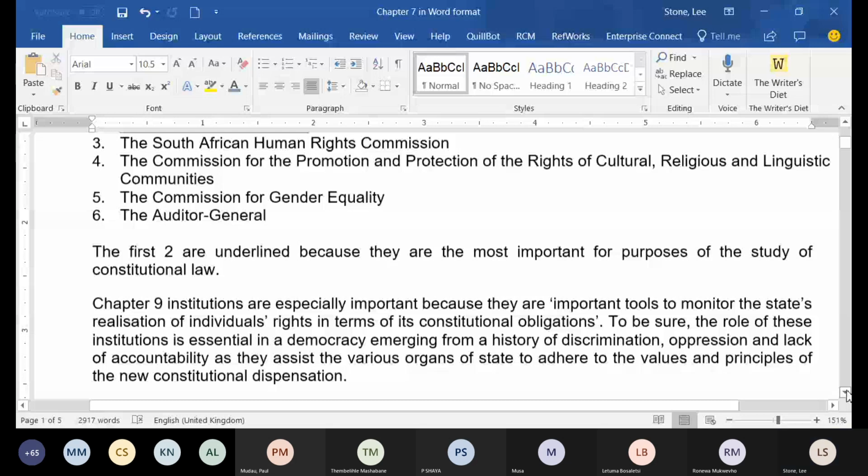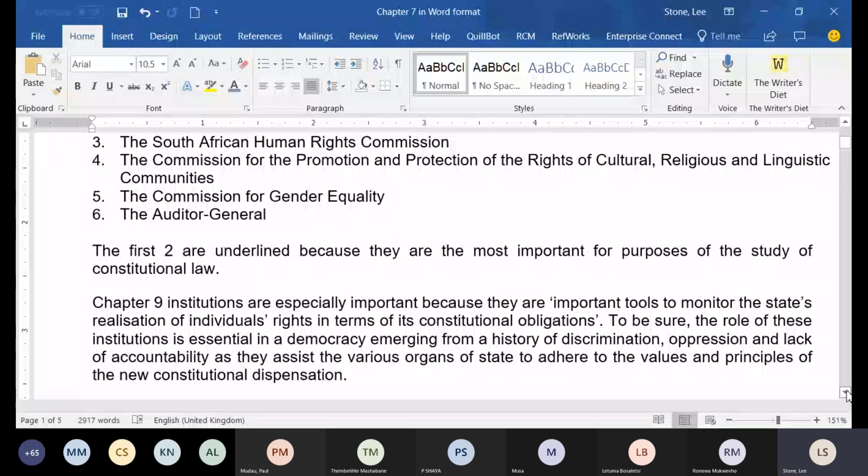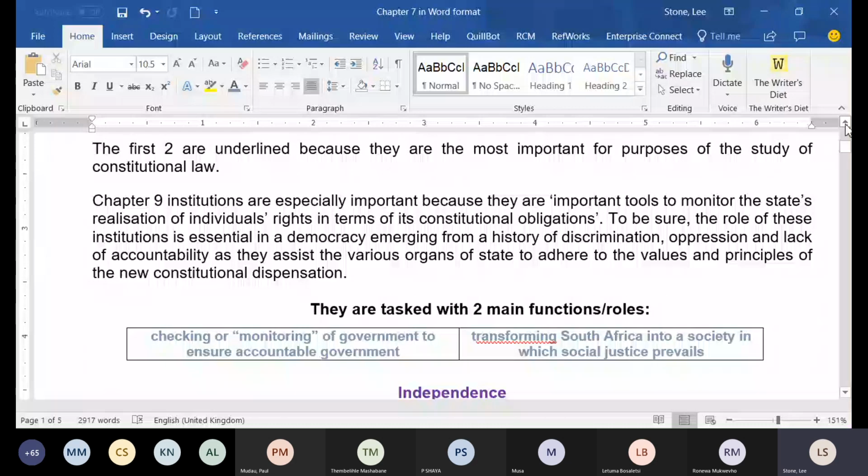What we are particularly interested in, though, is what these two institutions do and how they support our constitutional democracy. And so in simplistic form, in the little table, I've said here that the main tasks of these two institutions are to monitor our government so that we can ensure accountability, and in addition to transform South Africa so that social justice can prevail.